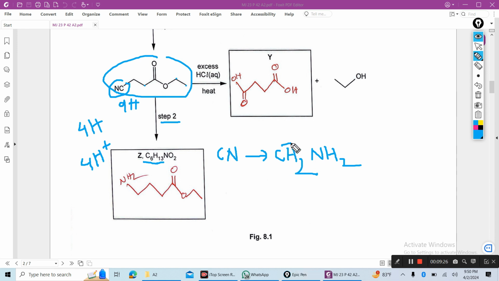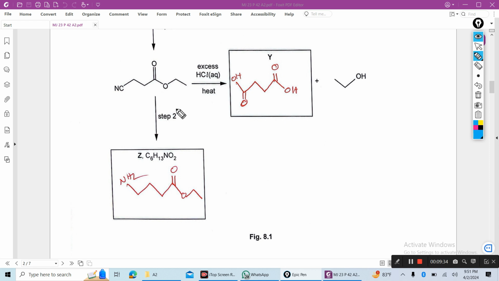So here 2 hydrogen, here 2 hydrogen, 4 hydrogen has increased in compound Z. That's why in step 2, reduction of the nitrile compound converts it to CH2NH2, and the remaining CH3CH2O CO CH2CH2 remains the same. Only the nitrile group is converted to CH2NH2.